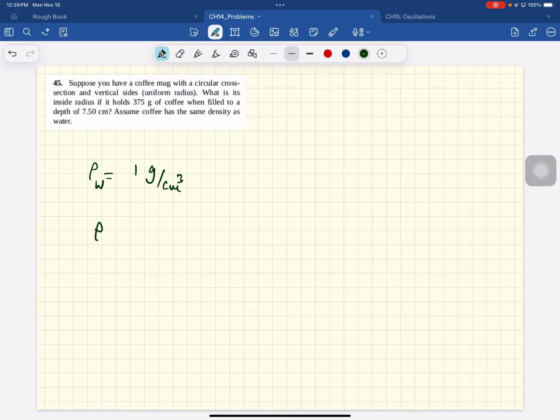Density, of course, is mass divided by volume. So volume is mass divided by density, which is 375 grams divided by 1 gram per centimeter cube. So the volume of coffee is 375 centimeter cube.